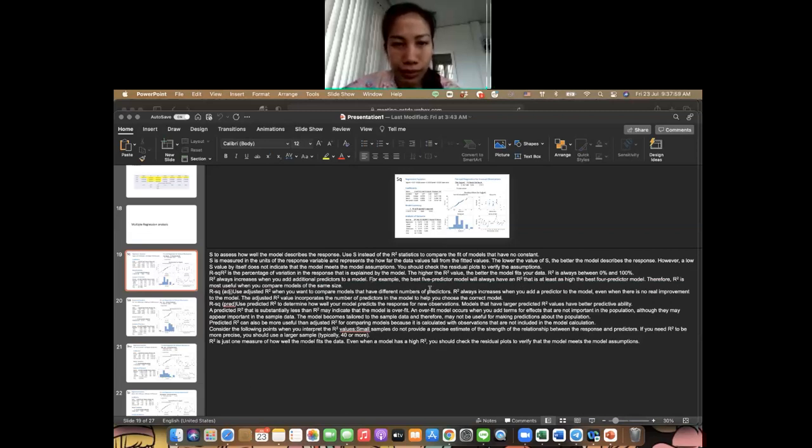Okay. So the value of R square increases when you add more data to a sample. It's more useful when the data set is the same size.